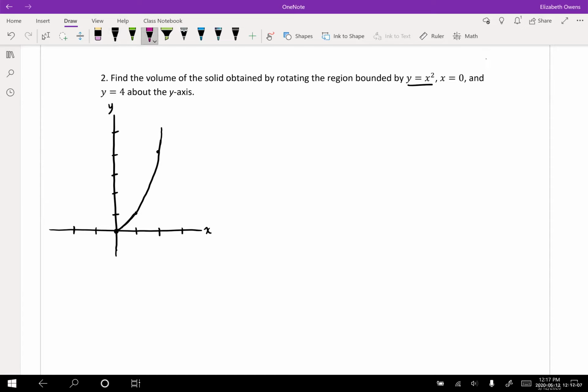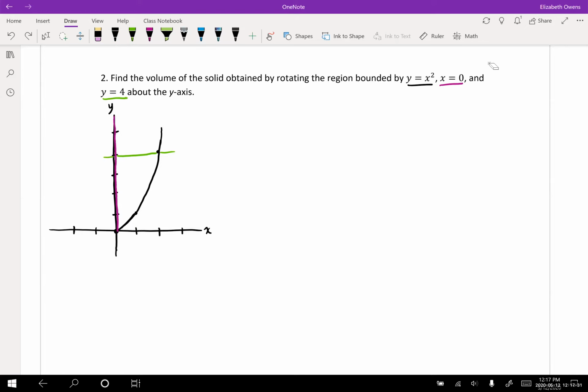So the y-axis is one of our boundaries right along here. Okay. And then our other boundary is y equals 4. So that would be the horizontal line right here. Okay, so that's y equals 4 right there.